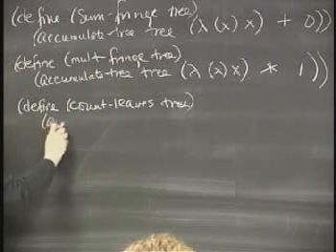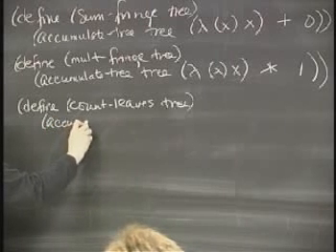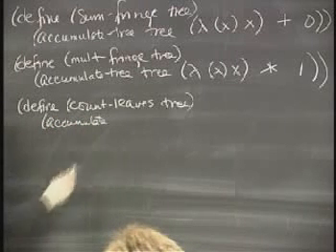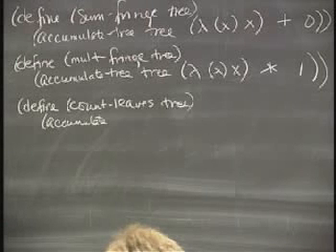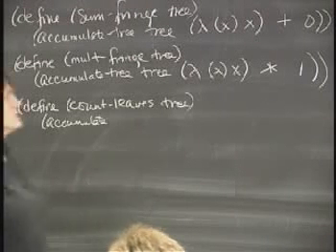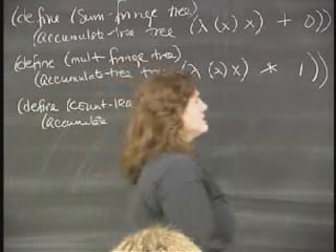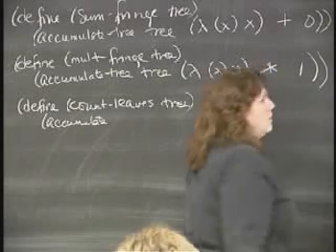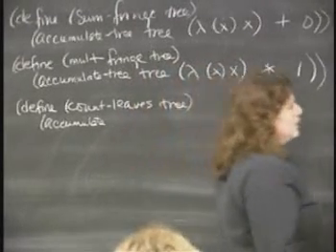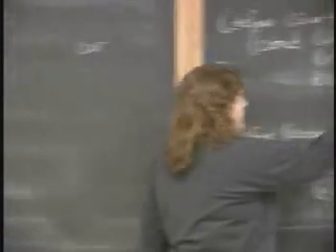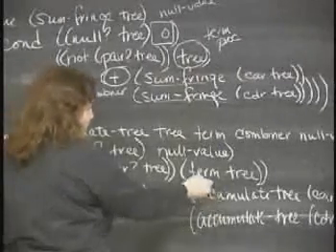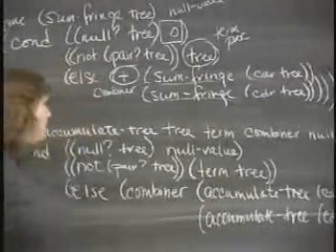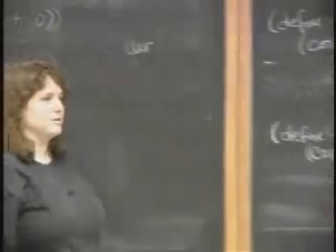Just out of curiosity, what would happen if instead of our term being the lambda x, we passed car as the term? Well, if we get here, and our term is car, and we say car of tree, but we don't have a pair, what's going to happen?